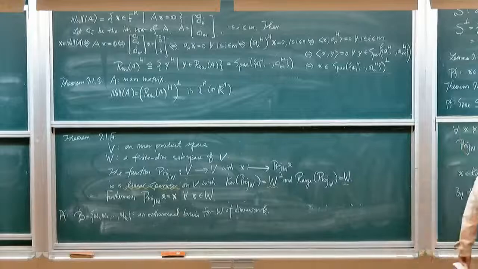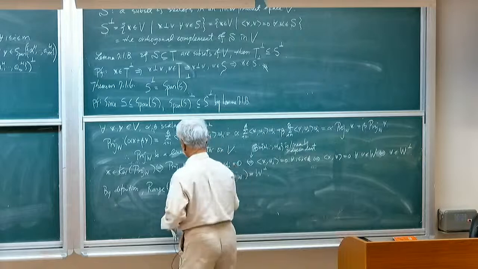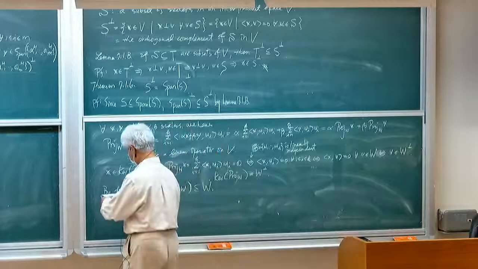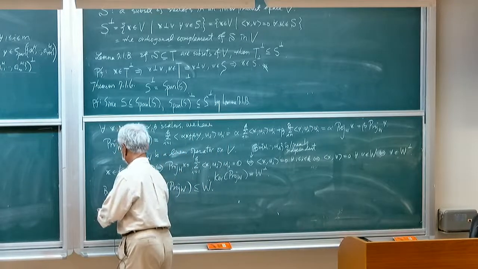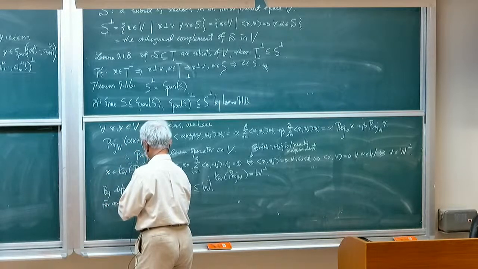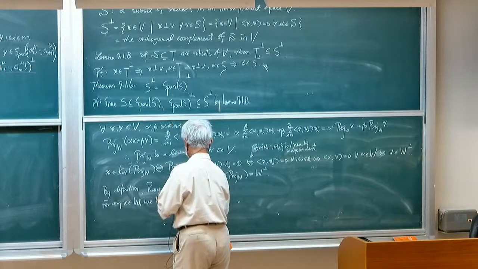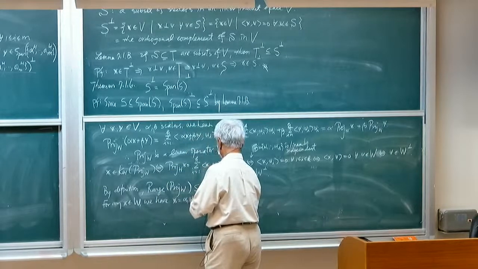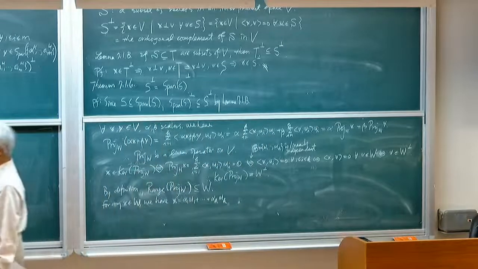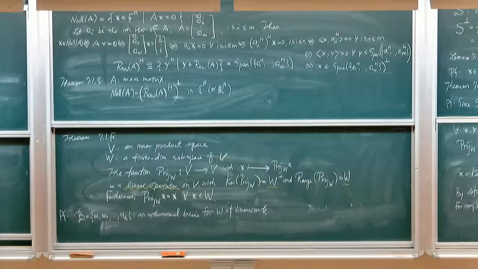So the range must be contained in W. And we have to show that W is also contained in the range. So to show that, for any x in W, we have that x can be written as a unique linear combination of the basis vectors, because B is a basis for W.